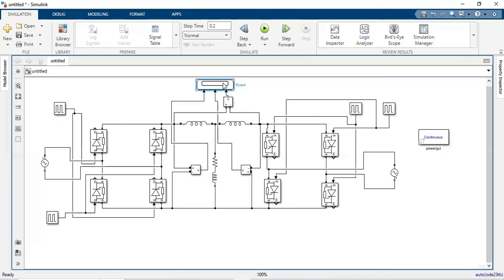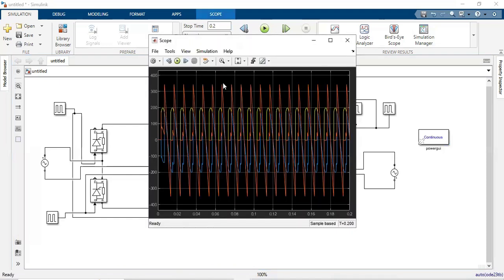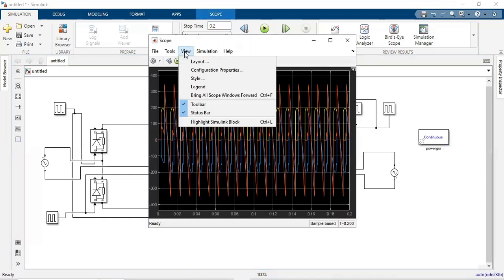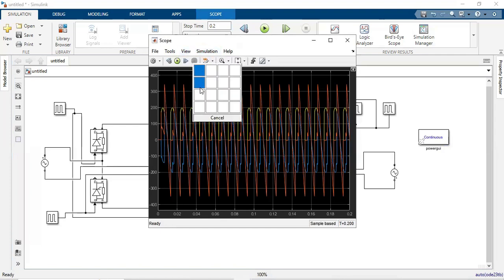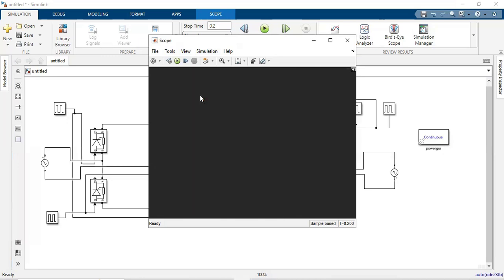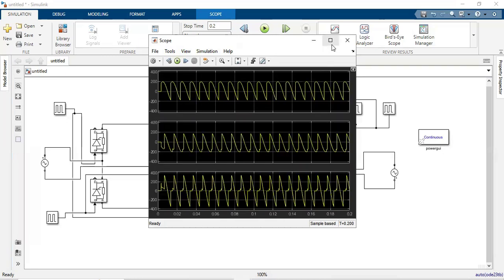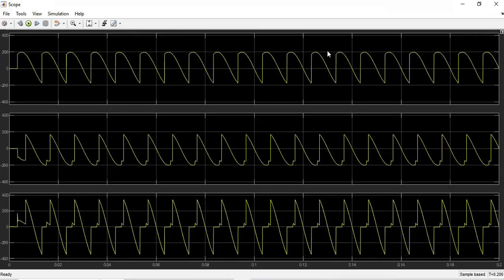Now we can see the output waveforms. We see the waveforms in three different planes. So we can see that the first waveform is nothing but the output voltage of the first converter.